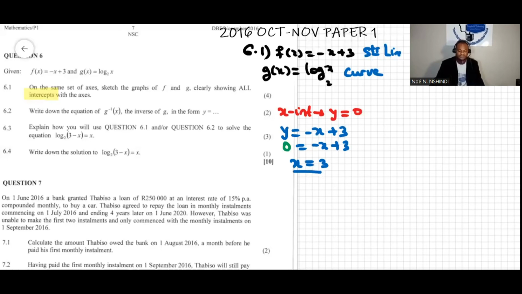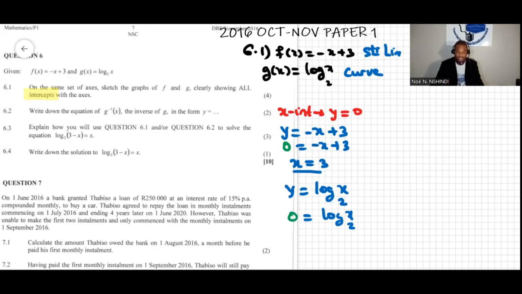And then for the log, we have y equal to log of x base 2. The x-intercept will make y equal to 0, so log of x base 2 equals 0.